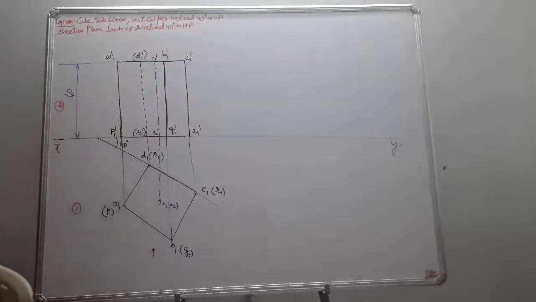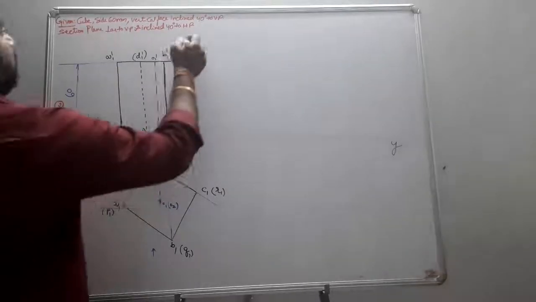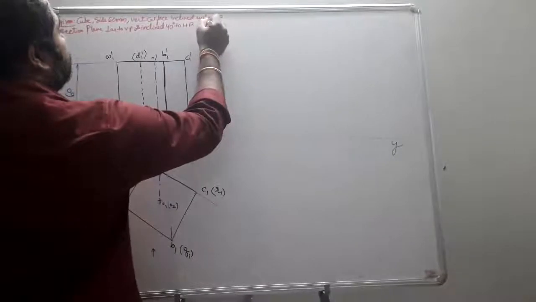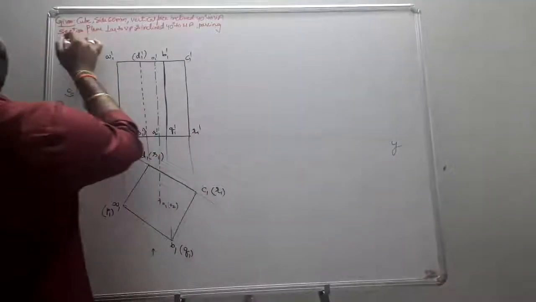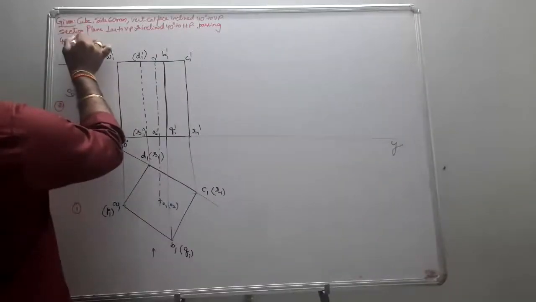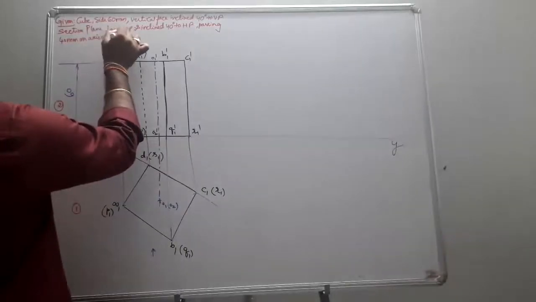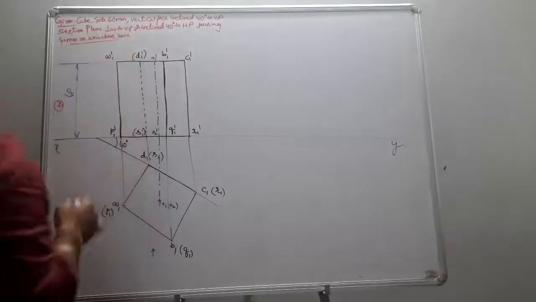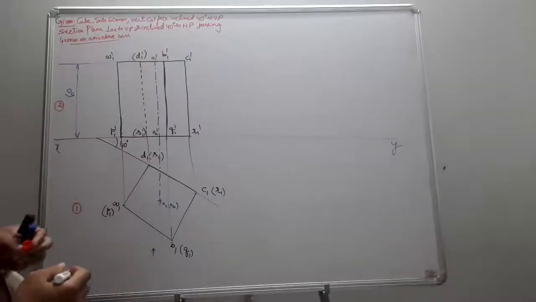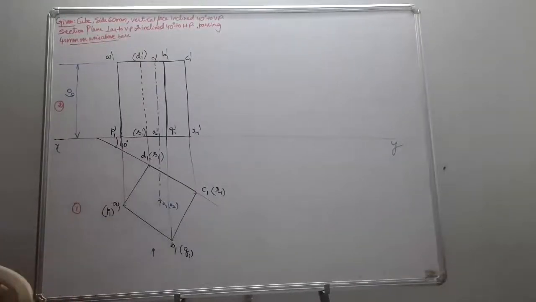He just gives it: passing through a point 40 mm on the axis above the base. So I just have to remember this. That means your cutting plane is going to be passing through that point which is 40 mm above the base.